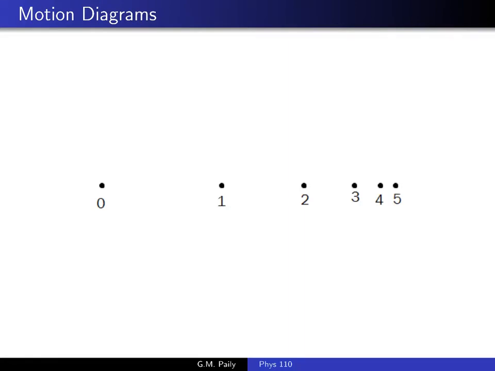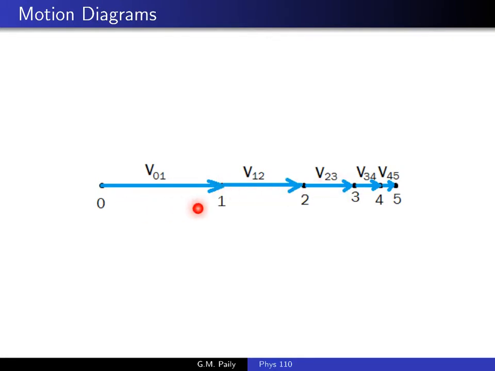Let us look at another example. In this case, the spacings are not constant. Drawing the arrows connecting consecutive points, we see that the velocity arrows are shrinking in size. However, the direction does not change. What about acceleration?